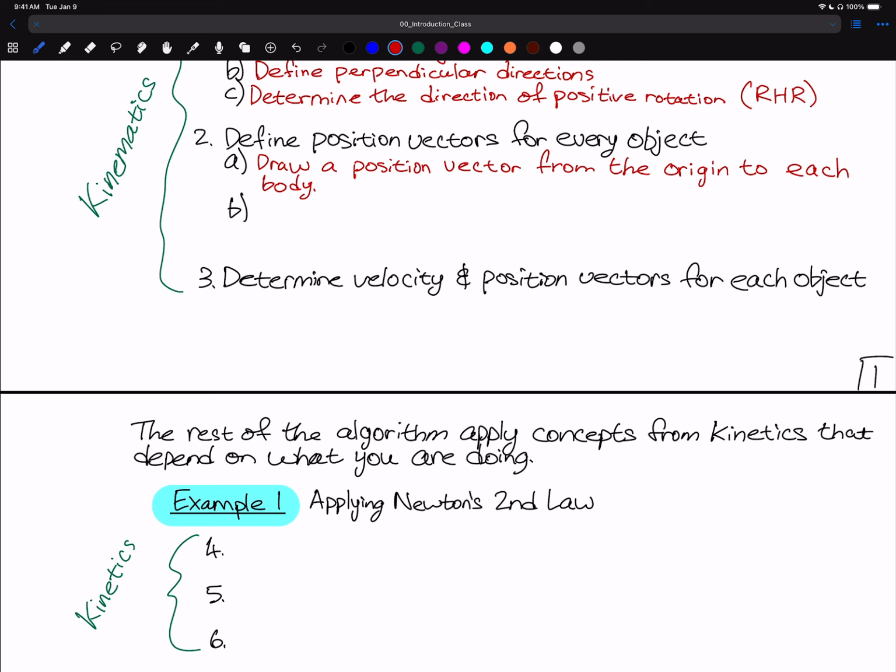And we may need to add dimensions to a particular system in order to be able to define what this is. And then our second step, we're going to write out each vector in your chosen coordinate system.